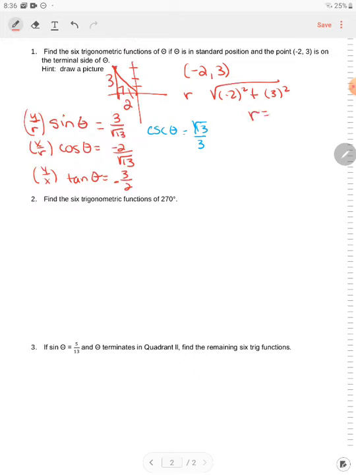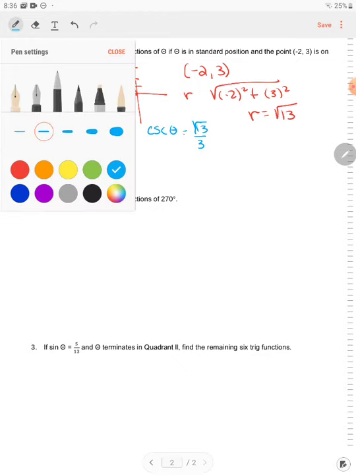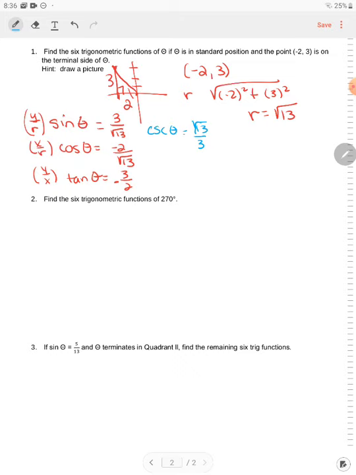So r is equal to the square root of 13. Okay, flip cosine, and that's secant. Secant of theta is equal to root 13 over 2, and that's negative. And cotangent of theta is also negative, -2 over 3. Okay, there are the 6 trigonometric functions of theta.